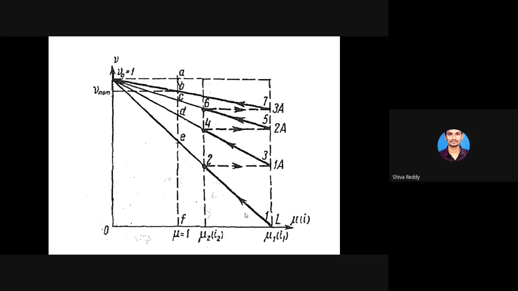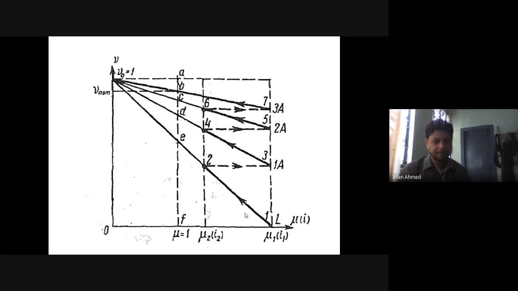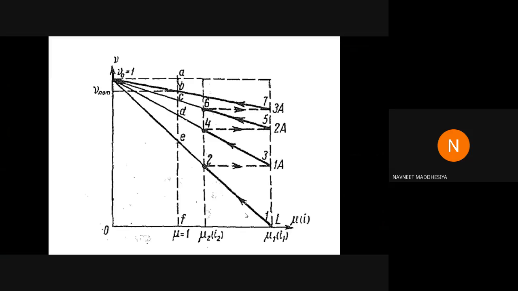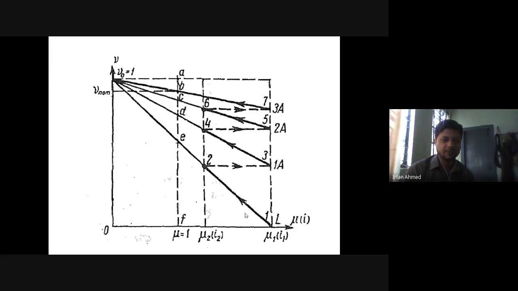Sir, for stability condition. No, there is no stability here. Come on. There is no equilibrium and no stability along this line. Kalyani, why is mu2 greater than mu?